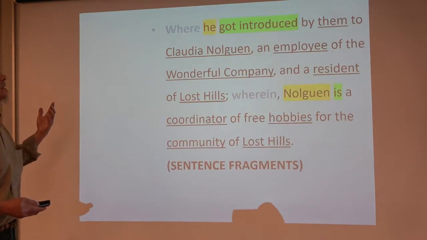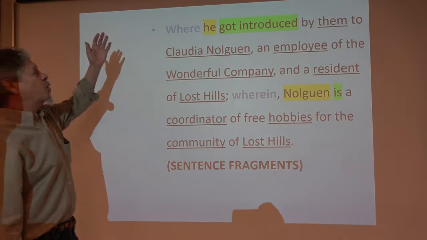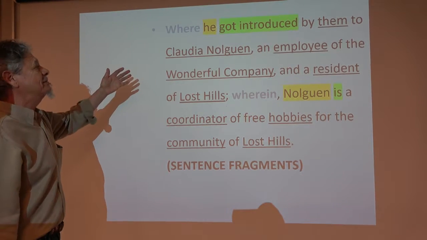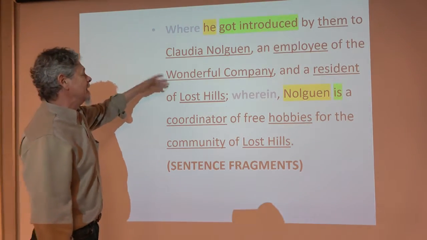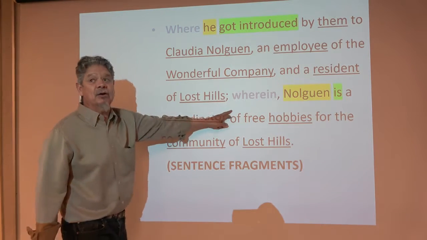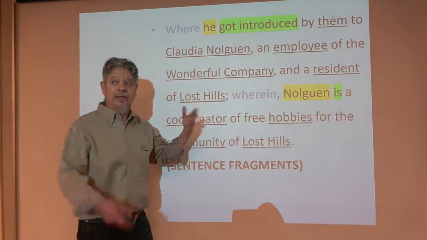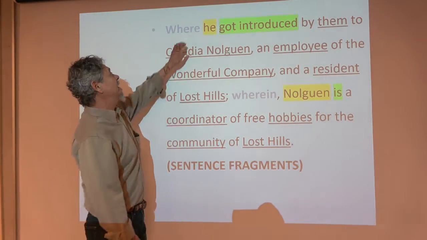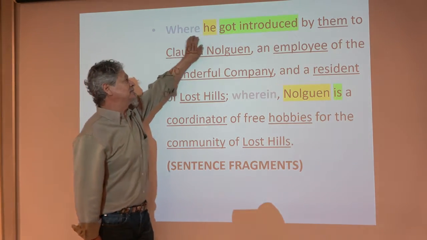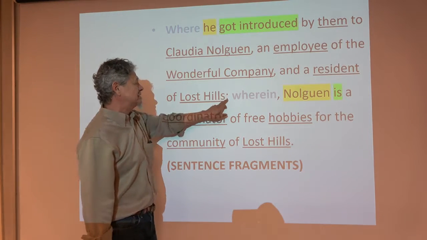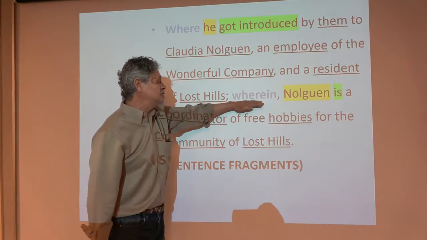One more. Where he got introduced by them to Claudia Nolgan, an employee of the wonderful company and a resident of Lods Hills, semicolon. Now we know that on both sides of the semicolon, we need complete sentences. But again, we have a subordinating conjunction. This cannot have a semicolon here because it's not a complete sentence. And then the second part begins with this word.